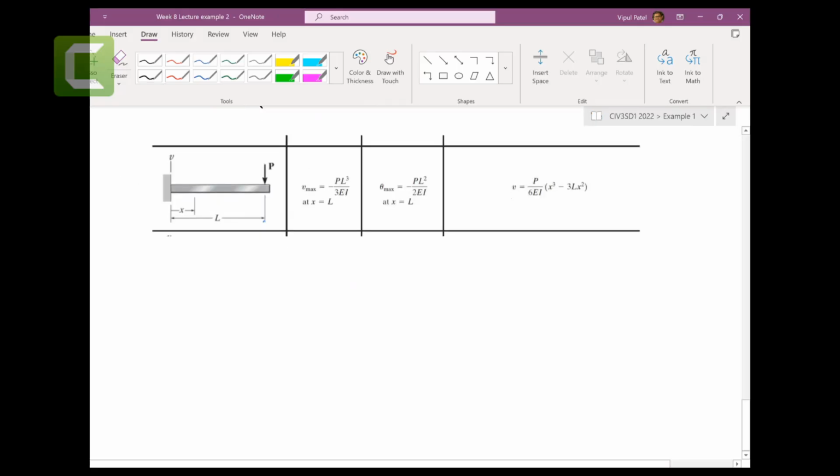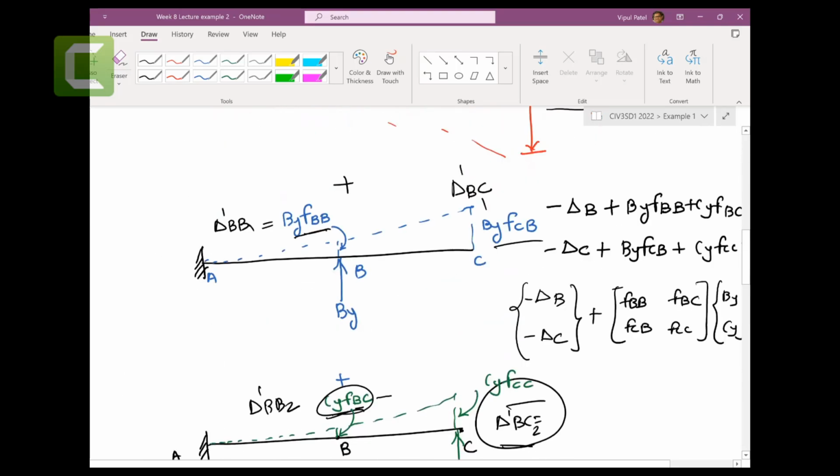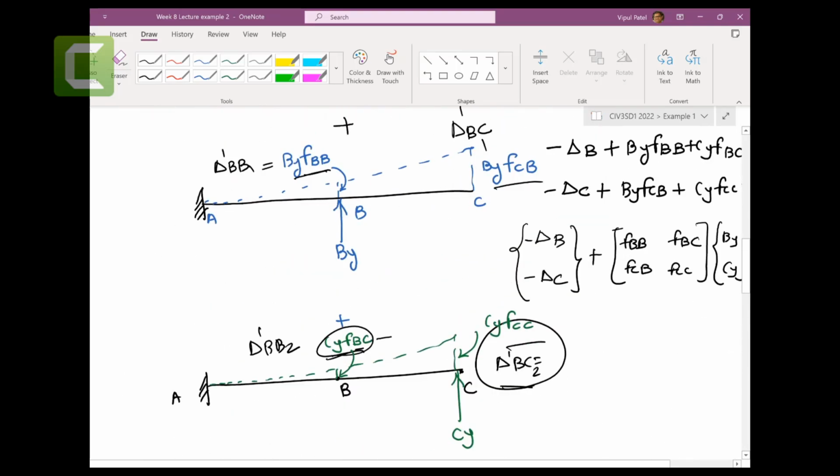So Betti's law is telling me that when you have a structure like this, the same structure with 3 meters, 3 meters, 3 meters, 3 meters, and this by and this cy, then this value should be equal to this one based on Betti's law.